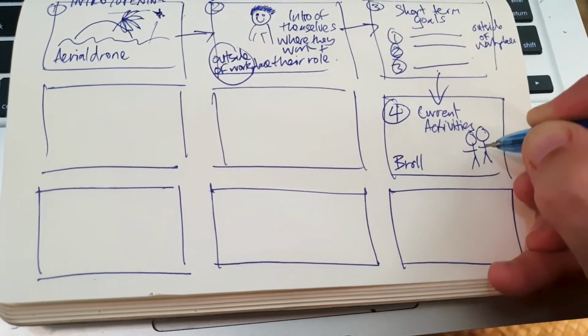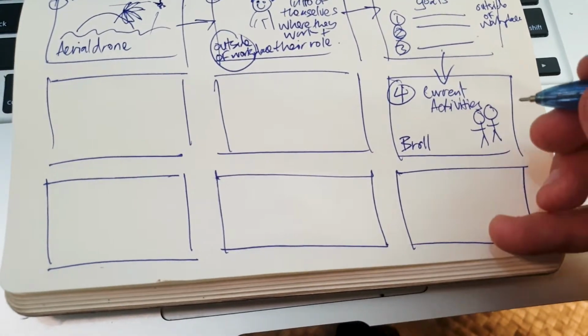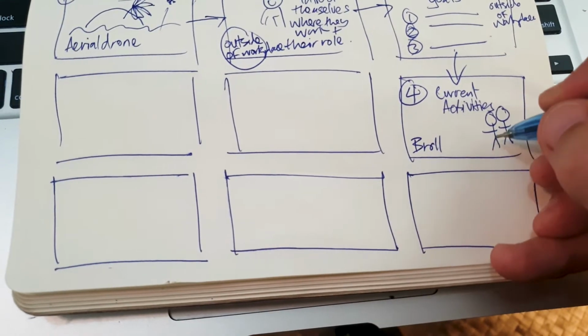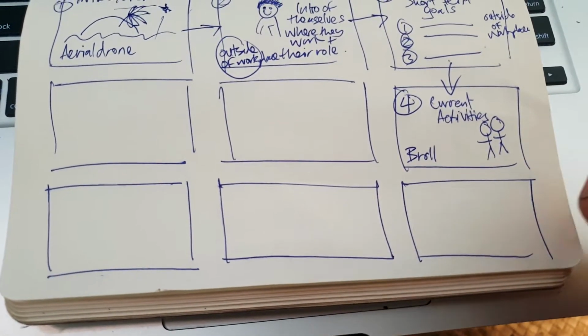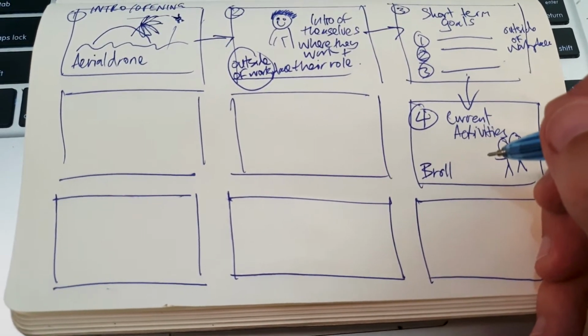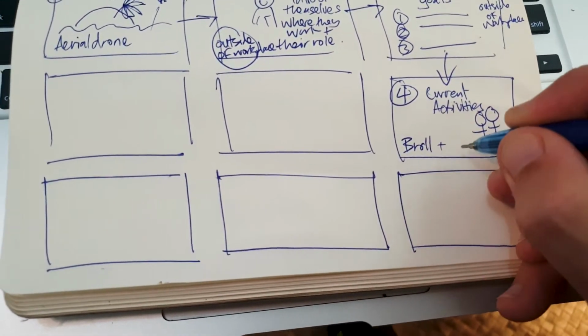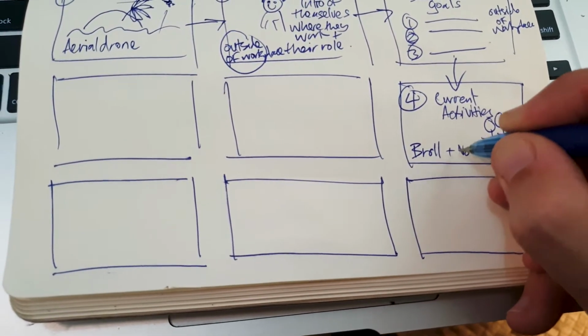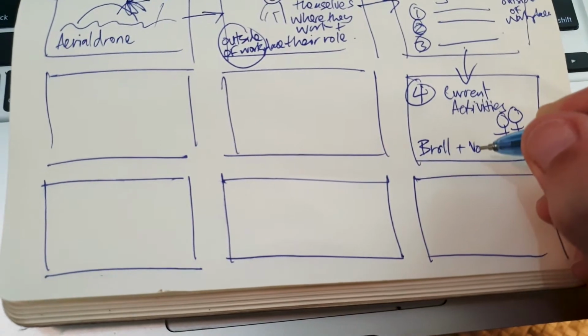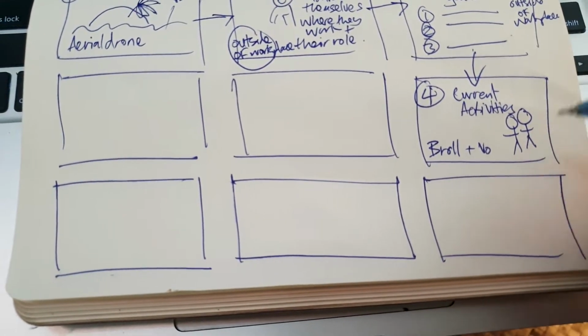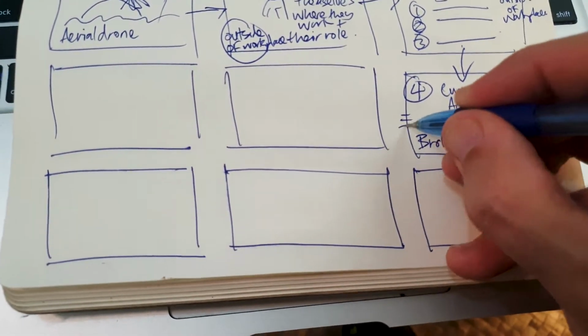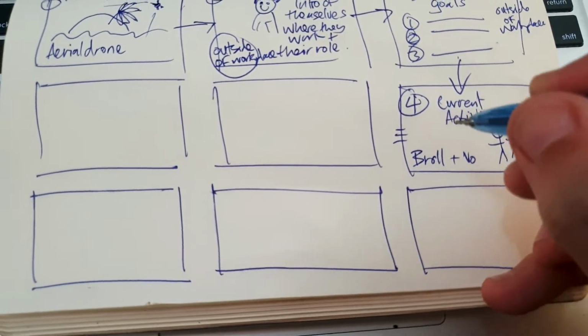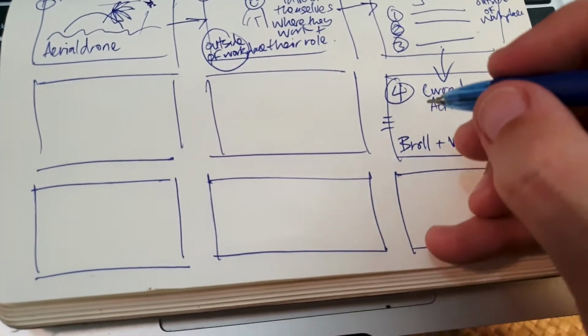So we're going to have some people that work at the organization going about their current activities in the workplace. Now, what I'll do as well is I'll get voiceover, so B-roll plus voiceover explaining what some of the team members are working on and some of the current activities.